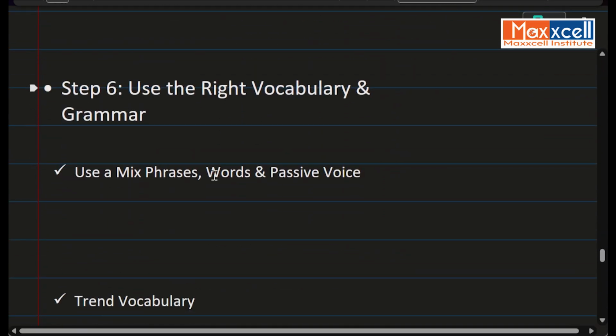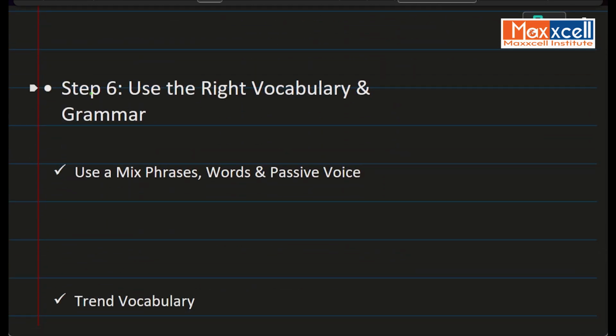Then let us go on to the next step, which is step 6. In step 6, you use the right vocabulary and grammar. You use a mixture of comparative phrases and trending words, which will help you describe the trends, and you need to use passive voice in relation to processes.